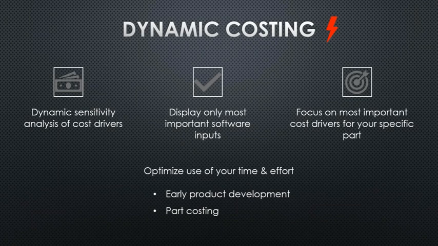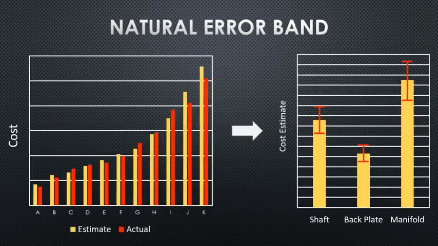And also, if you're doing something like supplier costing work and you have 100 different parts you have to analyze in a very limited amount of time, identifying the most important cost drivers lets you focus on getting very good cost estimates while minimizing the amount of time and effort that you spend doing that. So our objective with dynamic costing is to save you the time and effort while minimizing the impact on your cost estimates.